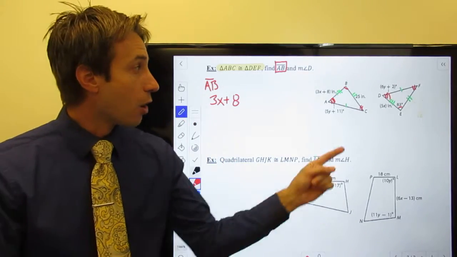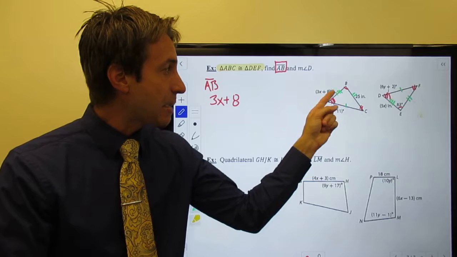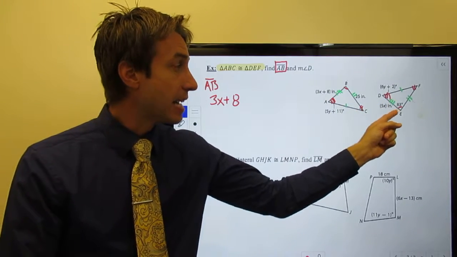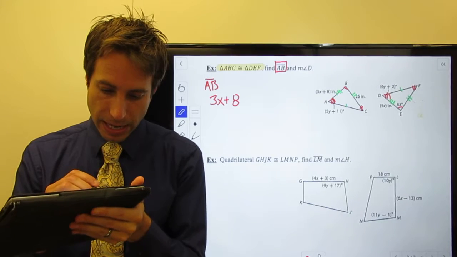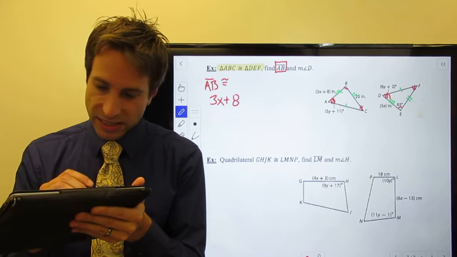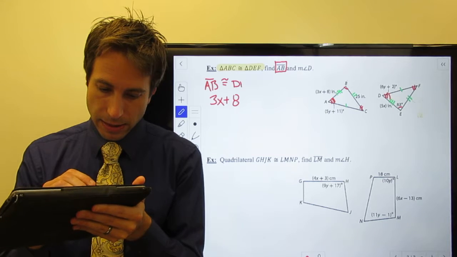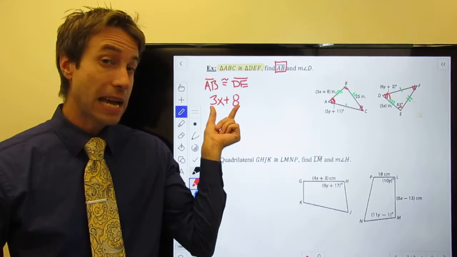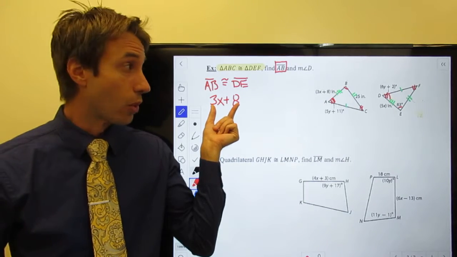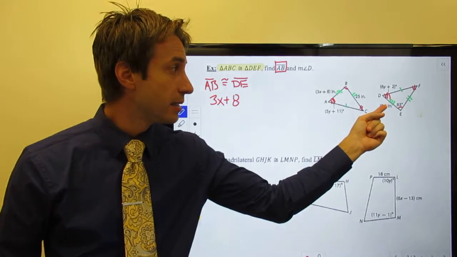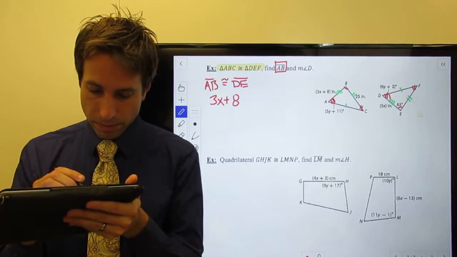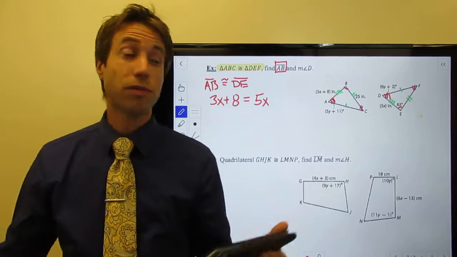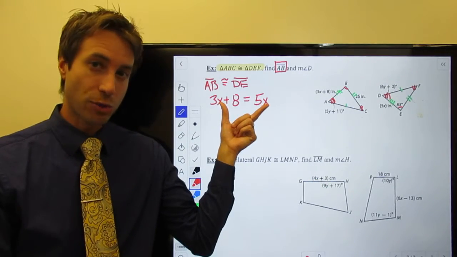I know that side AB is congruent to side DE. What does that mean? That means AB is equal to side DE. So set them equal and solve. Simple algebra equation.